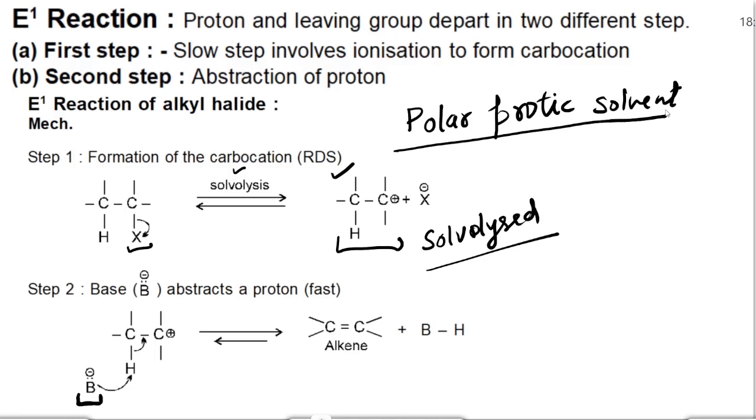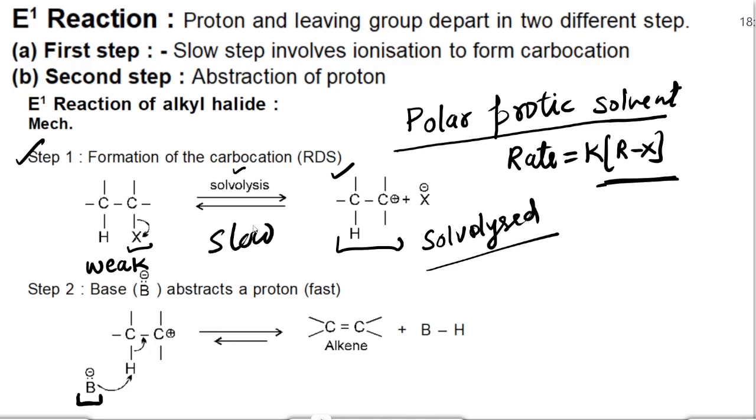Now in step 2 the base comes, and that means the base should be weak, because the base is not attacking at the same time. It first waits for the formation of the carbocation, and the first step is also the rate determining step. That means the rate of the E1 reaction follows first order kinetics, because it is the slow step.